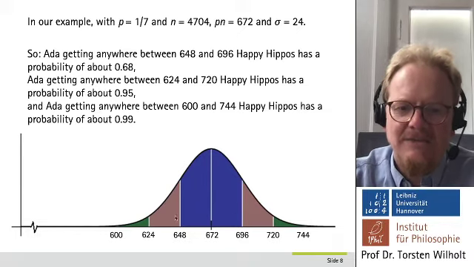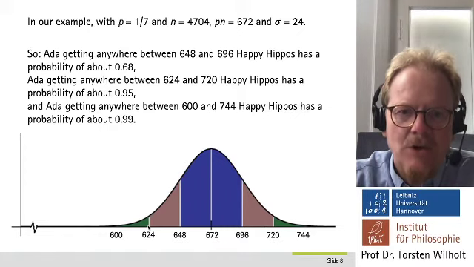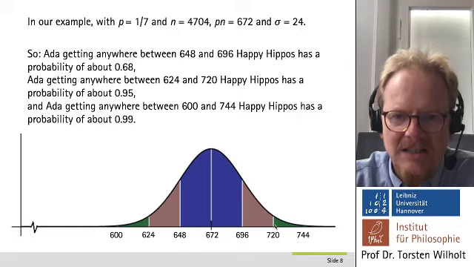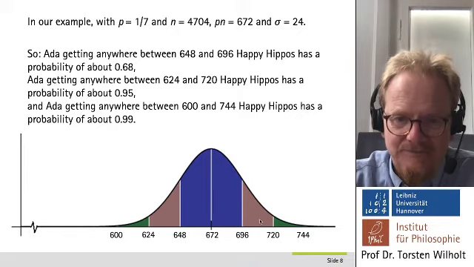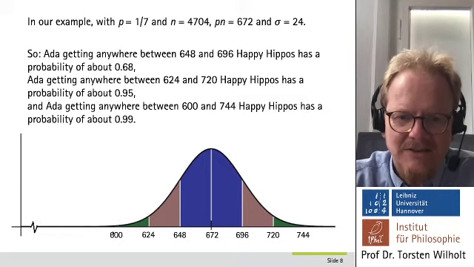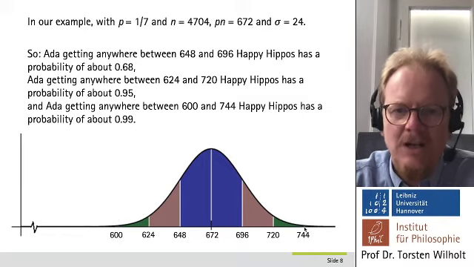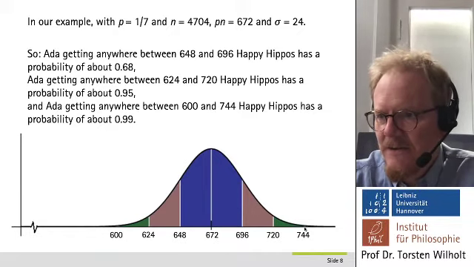And as regards 2 standard deviations, getting a result that's anywhere between 624 and 720 has a probability of 95%. And getting a result that's anywhere between 600 and 744 has 99% probability.